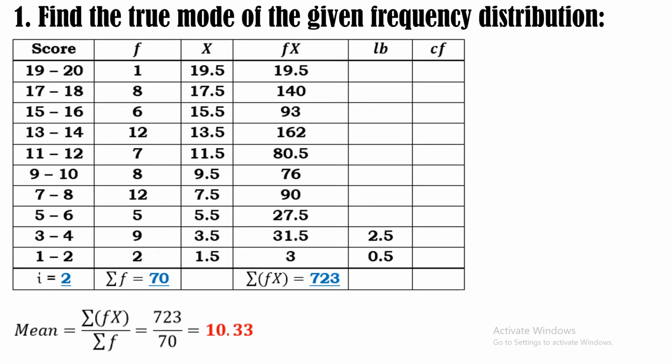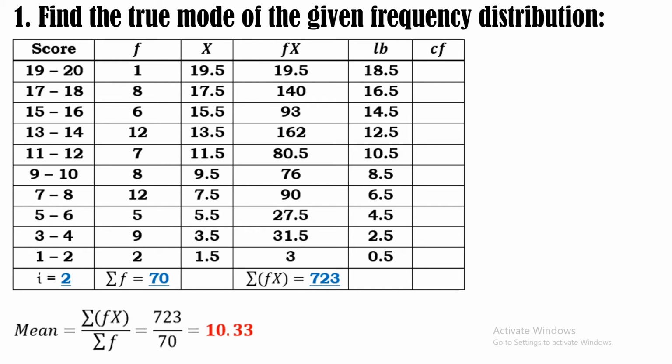So we have 2.5 plus 2, that's 4.5, plus 2 is 6.5, plus 2 is 8.5, plus 2 is 10.5, plus 2 is 12.5, plus 2 is 14.5, plus 2 is 16.5, and of course, we have 18.5.